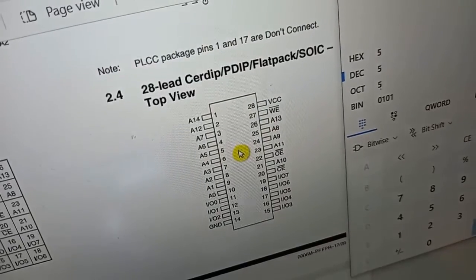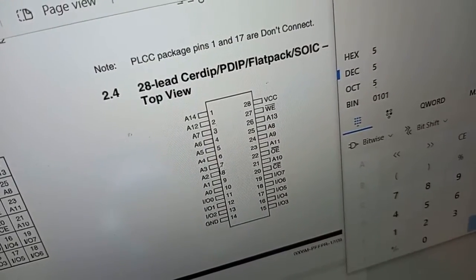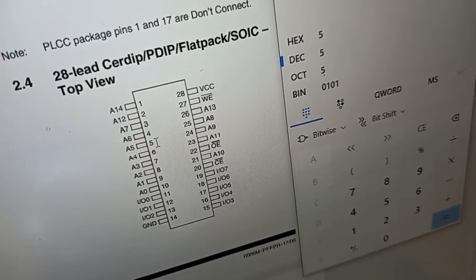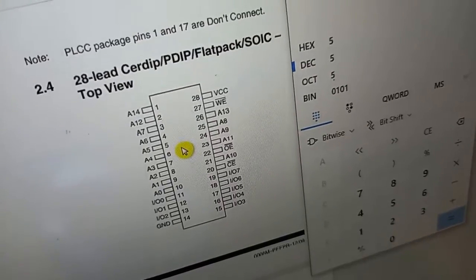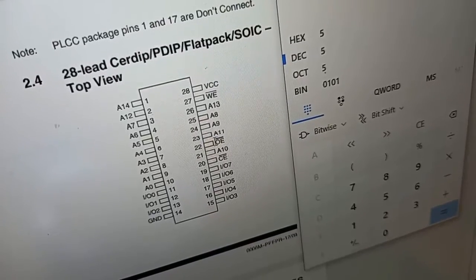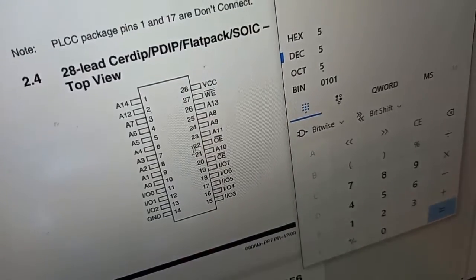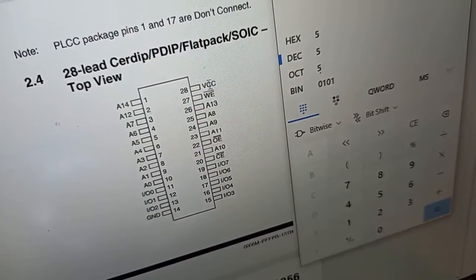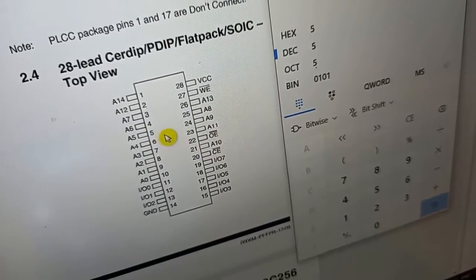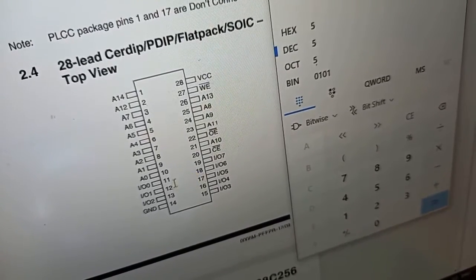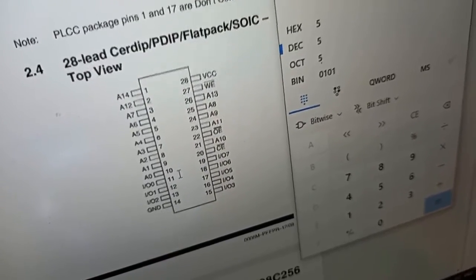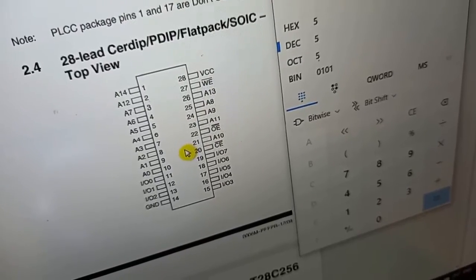And all the rest are 0. For the memory chip that means address 5. When it sees that output is enabled, it's low, and writing is disabled, high, then straight away the memory chip gives to the data bus the number that it will find living at address 5.